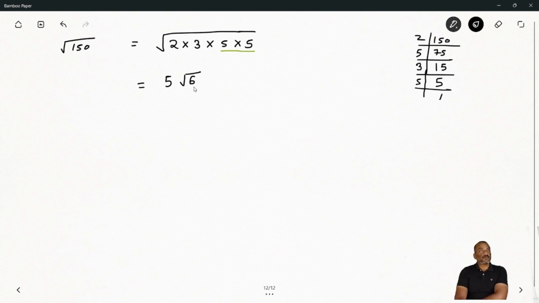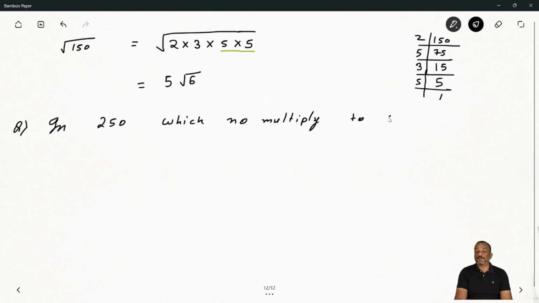So that way we will use this, and based on that, some questions are asked. Sometimes the question says, suppose, in 250, by which number should we multiply to get a perfect square.